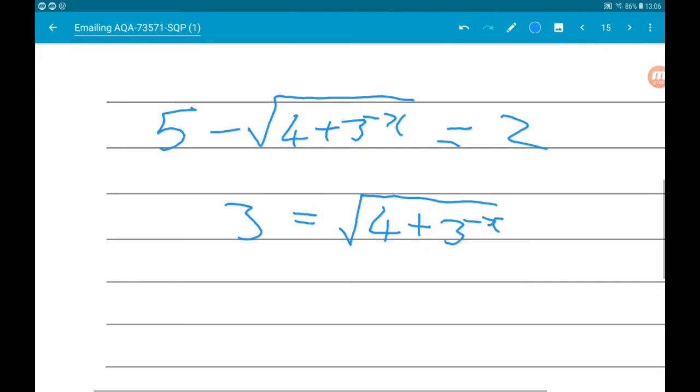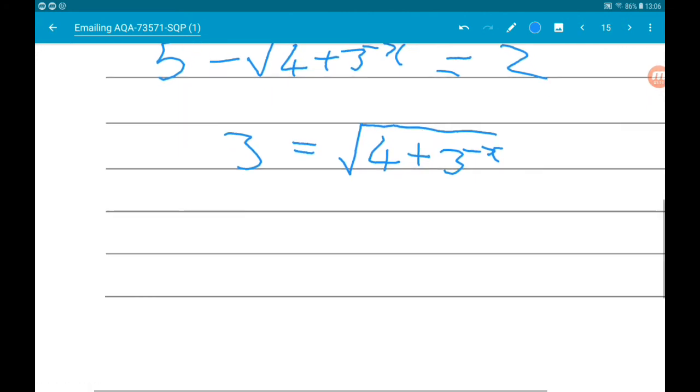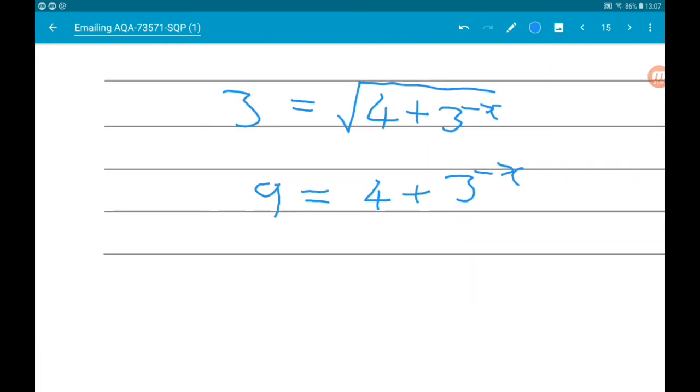Now let's undo the square root. Square both sides, which gives us 9 is equal to 4 add 3 to the minus x. Take away the 4, so we get 5 is 3 to the minus x.